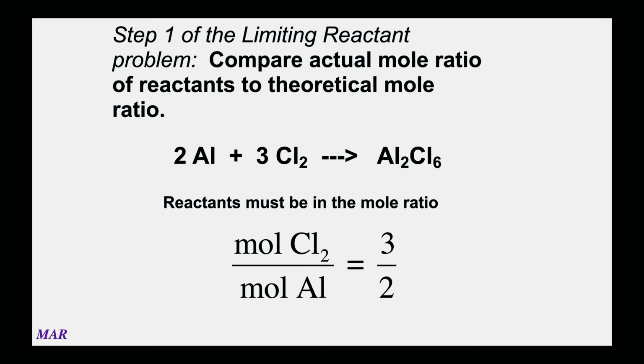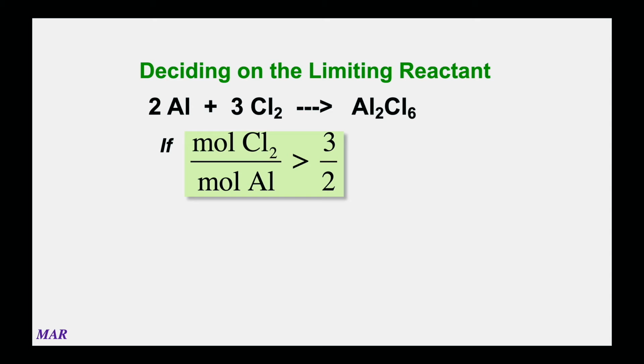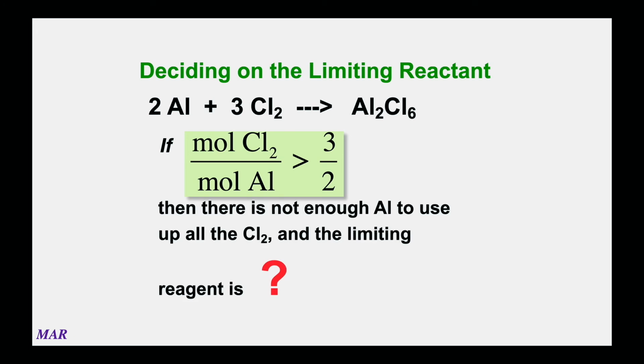But like I said, more often than not, that's not the case. It is not the case on this problem. If your mole ratio of chlorine to aluminum is larger than 3/2, like let's say you calculate the moles of Cl2 and the moles of Al, and it comes out to be like 4, a number bigger than 1.5, then what that means is you have too much chlorine.